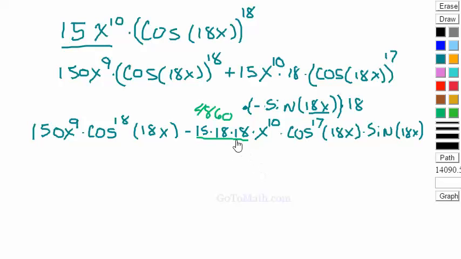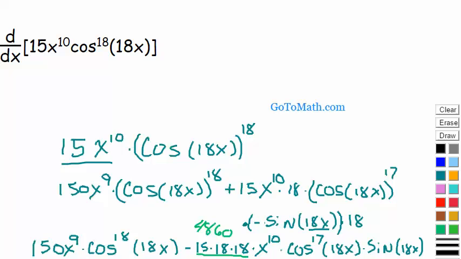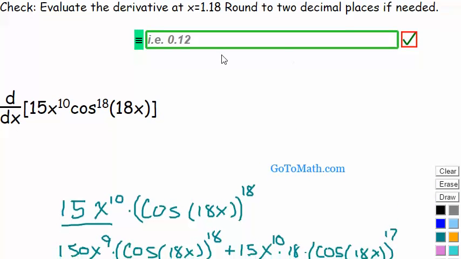Now, to factor this, you're finding the greatest common divisor that goes into both 150 and 4860. The greatest common divisor, yes. I actually programmed this box for the GCD.